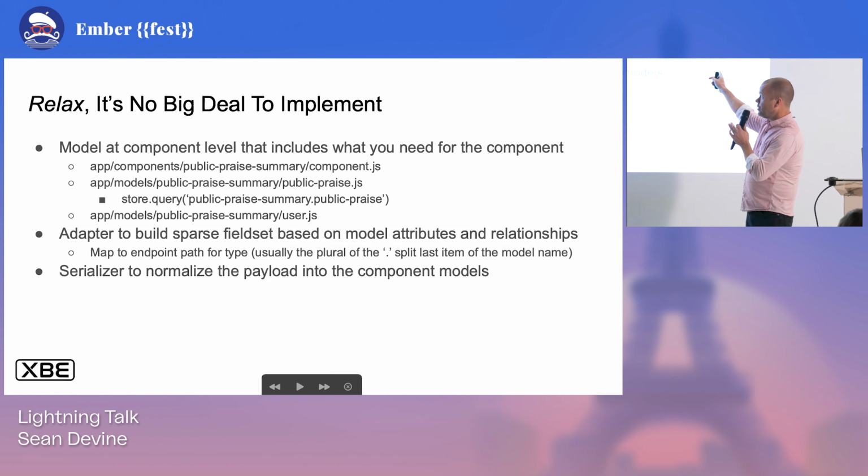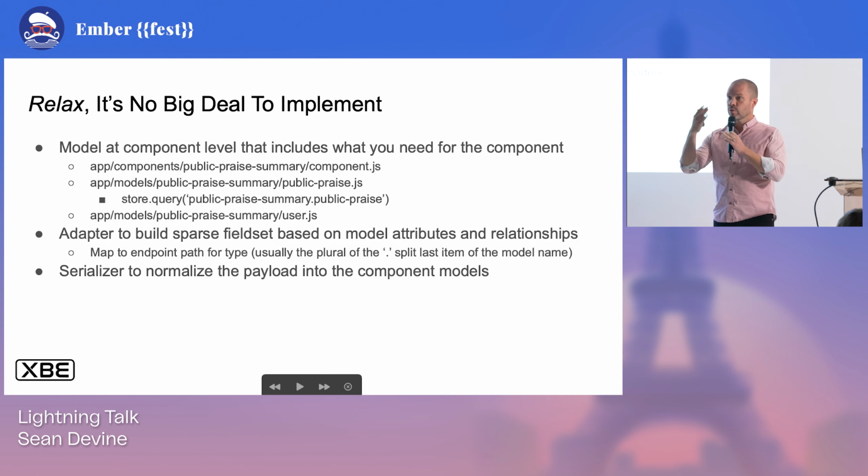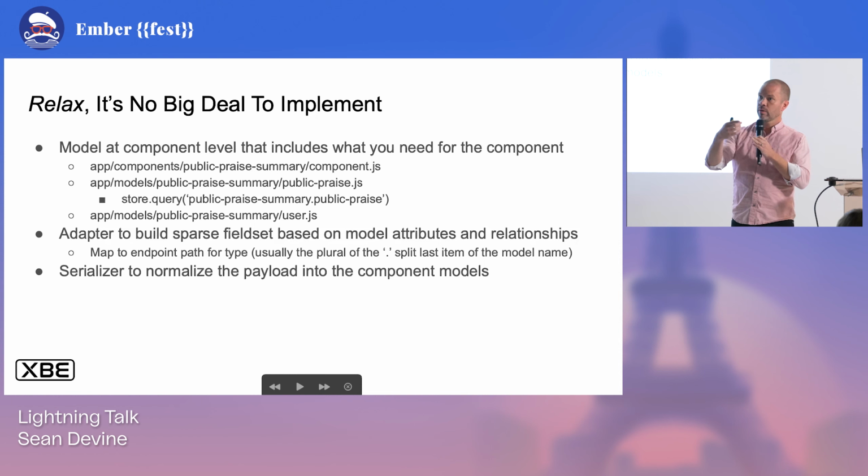Step 2 is we add an adapter to parse the attributes that are defined on the component models into the request to the server that specifies the sparse field sets that match it. So it goes recursively through the model and then its relationships, and just builds up the set of fields that match what you've declared in the component model.